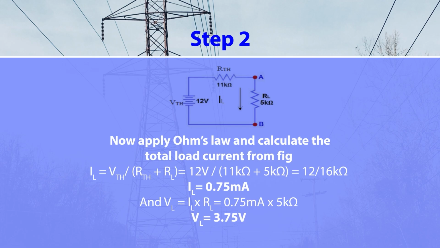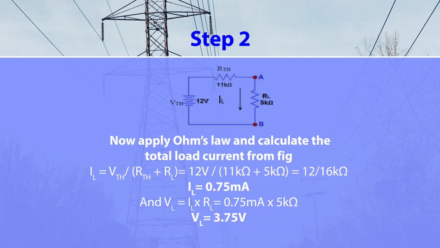Now it is asked, you have to find the load voltage across terminal AB. So if you want to calculate the load voltage across AB, that means what you have to do? Just you have to multiply the load current by the load resistance. So you have already calculated the load current, that is 0.75 milliampere. So this load voltage VL can be written as IL multiplied by RL.